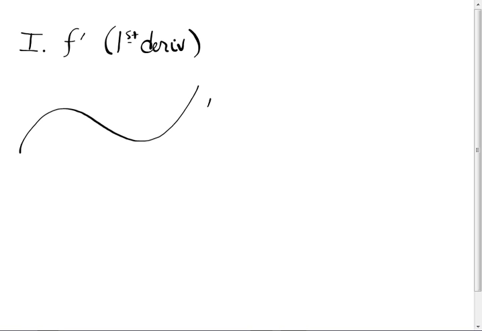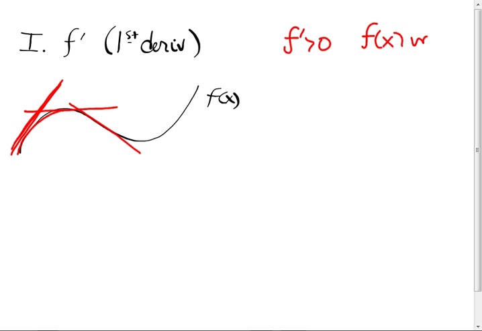Here's F. What is F prime? The slope of the tangent line. Tells us a bunch of things. What's true about my function here? It's increasing, isn't it? What's true about the derivative? The derivative is positive. So f of x increases. That's all you get from the first derivative.